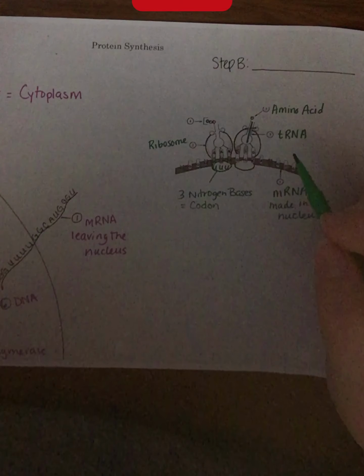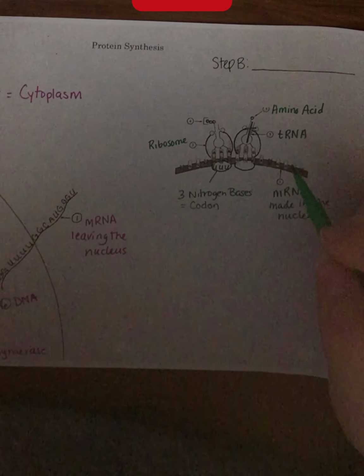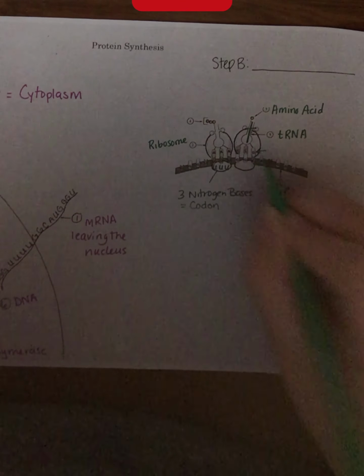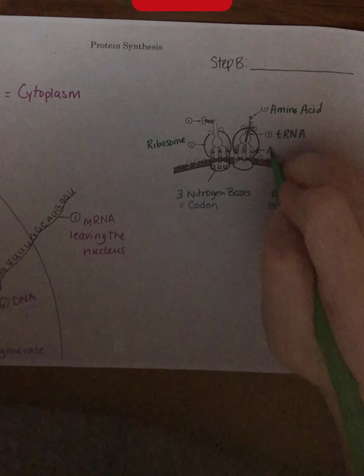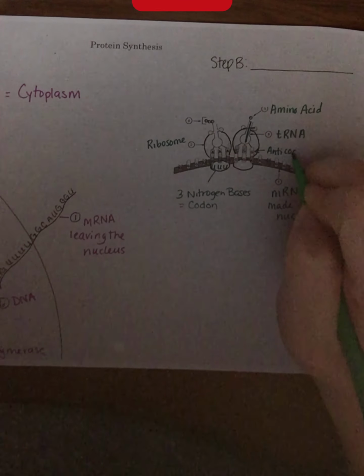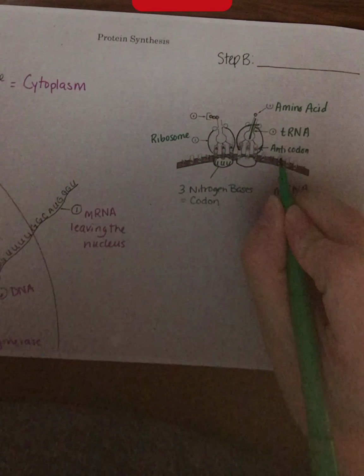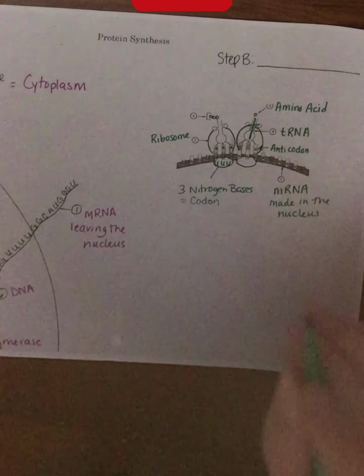How will this tRNA know that it is correctly paired up and capable of leaving its amino acid behind? Well, that comes from these 3 bases right here, which we call the anticodon. So think anti, opposite of codon.